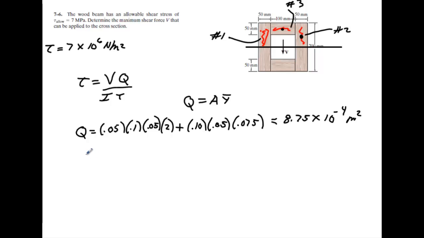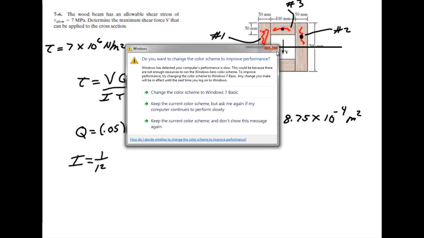Before we do that, though, we should probably get the moment of inertia. Now the moment of inertia, we want the full moment of inertia of this whole entire piece, not just half of it. So to do that, we're going to take 1/12, and what I would recommend is make this all one big rectangle, in this case a square, and then subtract out the middle.